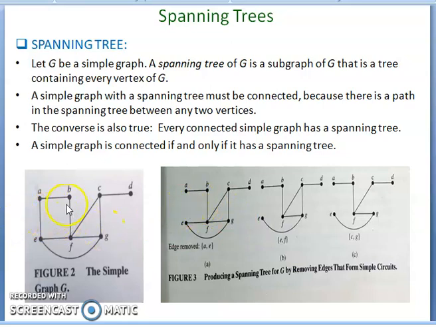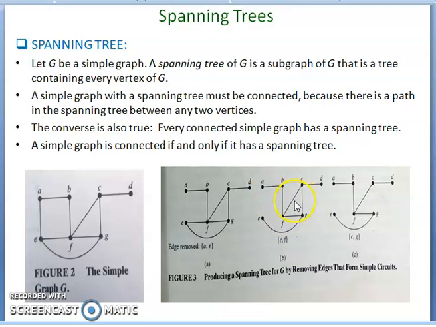If you remove the AE edge, this graph becomes like this. And still there are two circuits: one is this one, and the second is this one. You remove this edge, then this is not a loop. If you remove this and this, you eliminate these two circuits, and still there is a circuit.